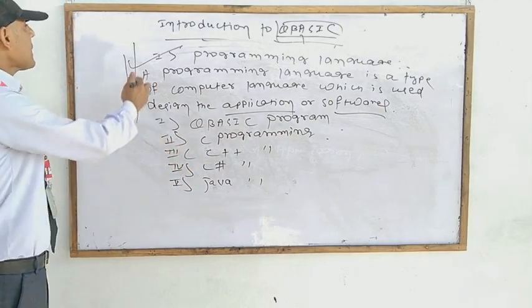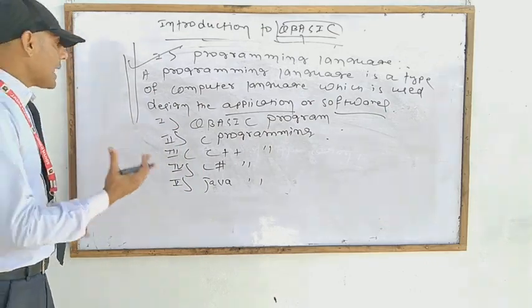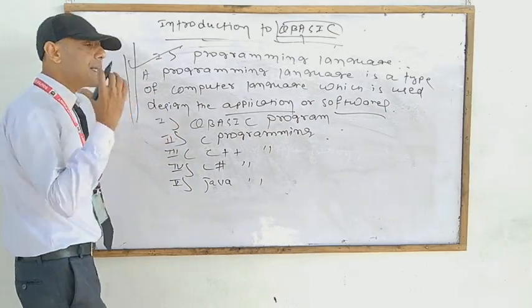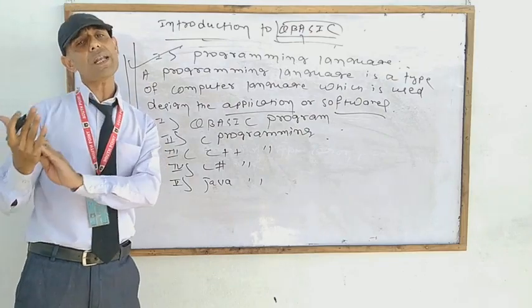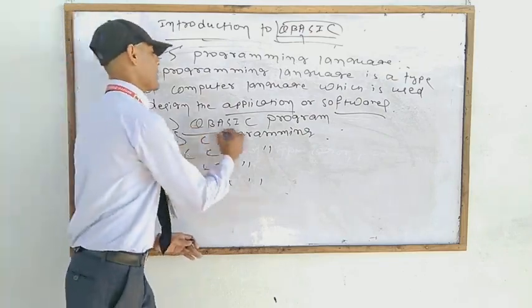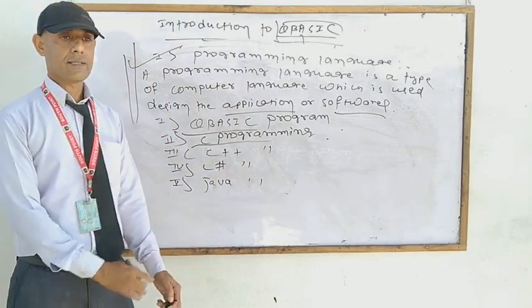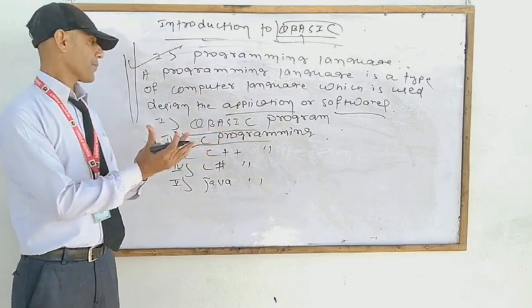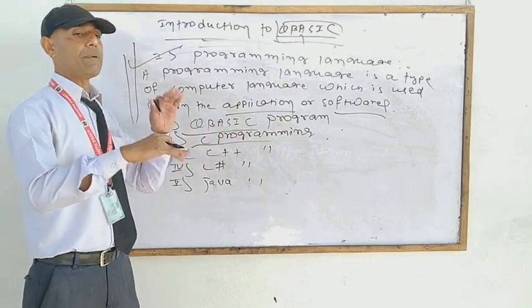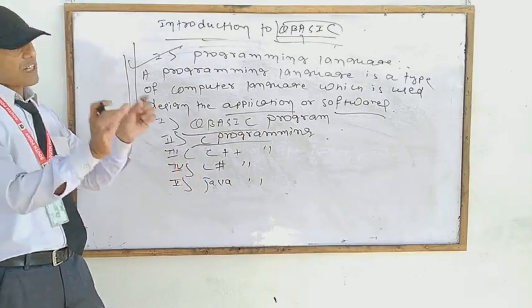Okay? So among the many programming languages, some are basic level programming languages which provide the basic information about programs, like QBasic and C. These are the basic programmings. Just simply, I can take an example: how to speak, when I teach in child stage, nursery, LKG, UKG, how to write letters.